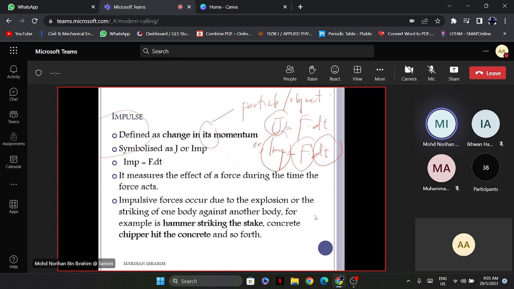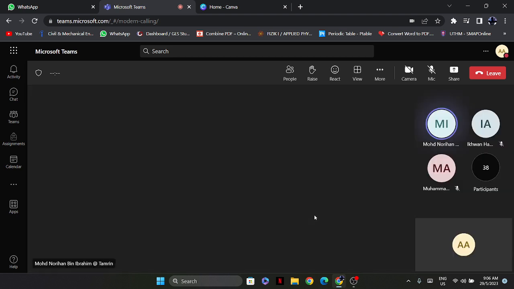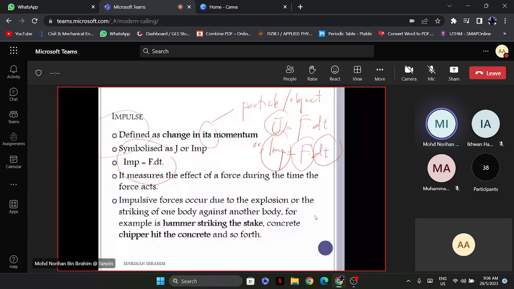So here are some examples of impulse. Impulse is equal to F times dt. Okay.